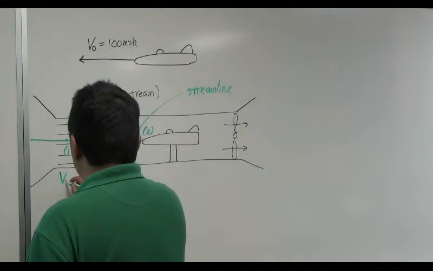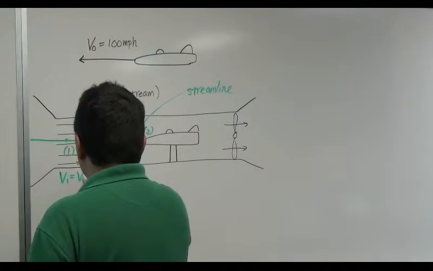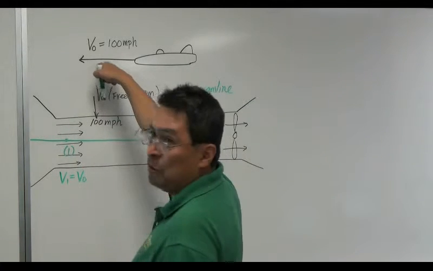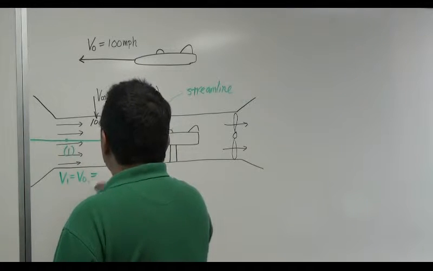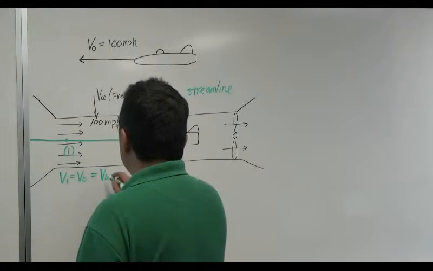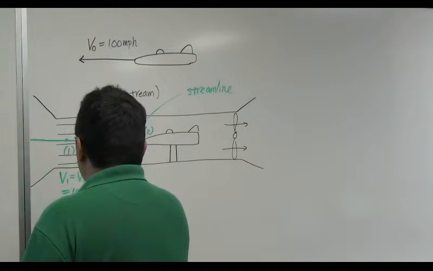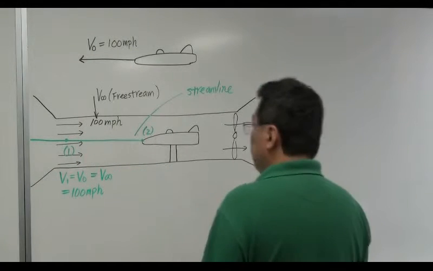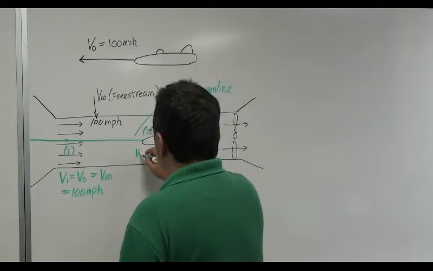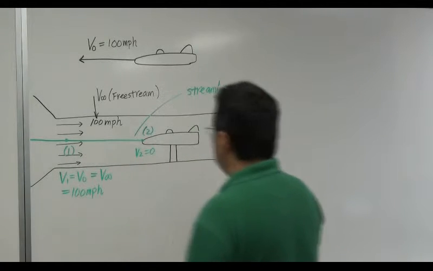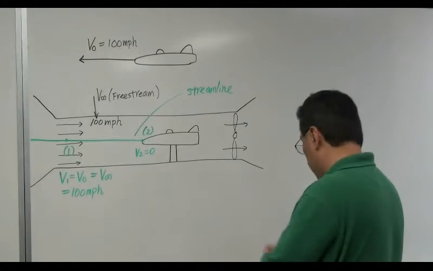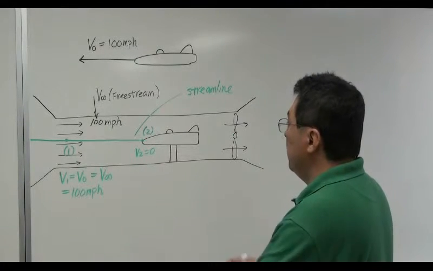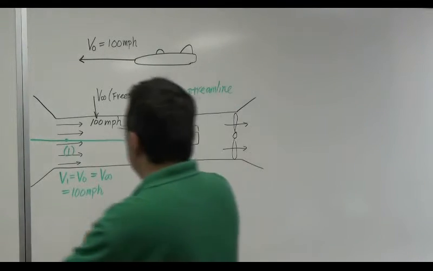So obviously V1 is equal to V0. This is the motion of the vehicle in non-moving air, which is the free stream, 100 miles per hour. Velocity V2 is obviously 0, stagnation point. Okay, so let's take a look at the problem one at a time.